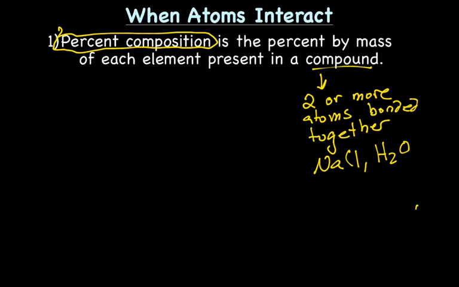So percent composition would be: how much of the mass of water comes from the 2 hydrogen atoms, or how much of the mass of sodium chloride comes from the chloride ion. So that's what we mean by percent composition.